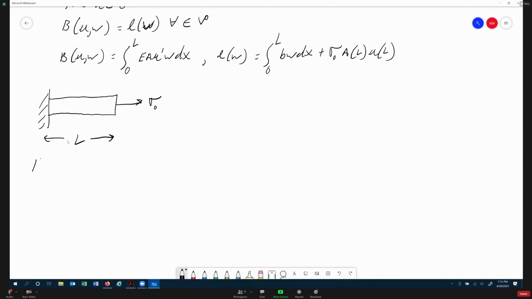And in the finite element method in 1D, one dimension, we have a domain, omega, which is equal to 0 to L.